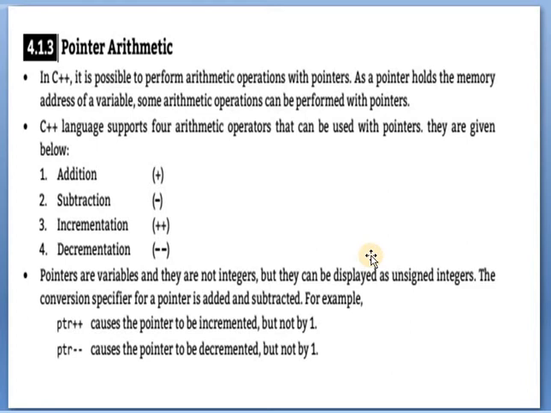If this is a character pointer, and we write ptr++, it will increment the address by 1 byte. And if this is a float pointer, and we increment it, then it will increment by 4 bytes. It totally depends upon the data type of the pointer.